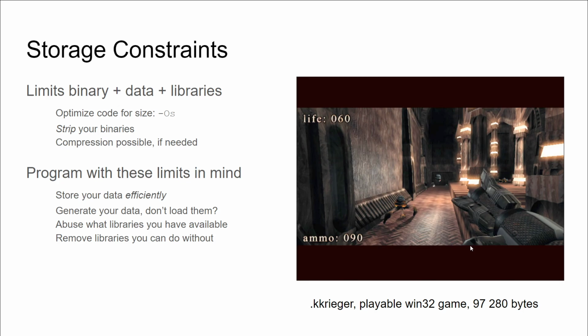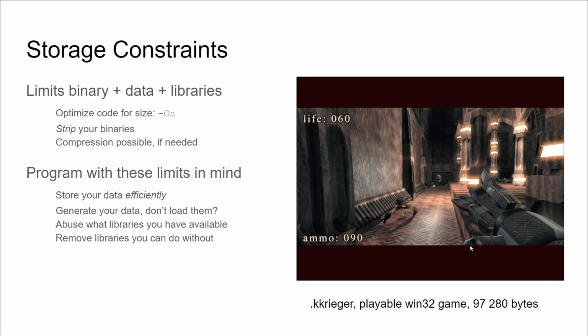This will generate smaller code, yes, but also code that frequently runs slower, so it may not even be a great trade-off. What you can do is strip your binaries. That will remove unused code that's not called anywhere, and also segments of your code that's not actually useful, like a GPL license if you compile with the GCC.